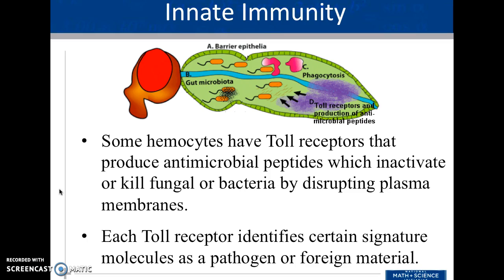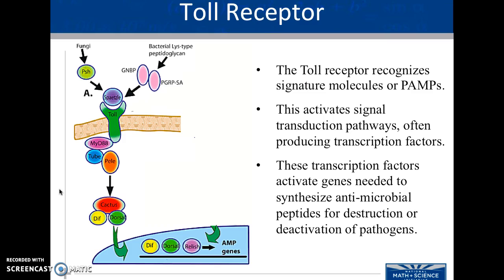And so what we talk about with toll receptors is that we actually see an inflammatory response. Each toll receptor identifies certain molecules as a pathogen or a foreign molecule, so you have to have a certain disease to have those toll receptors set off. So this idea of a toll receptor is that it recognizes a very specific signature molecule.